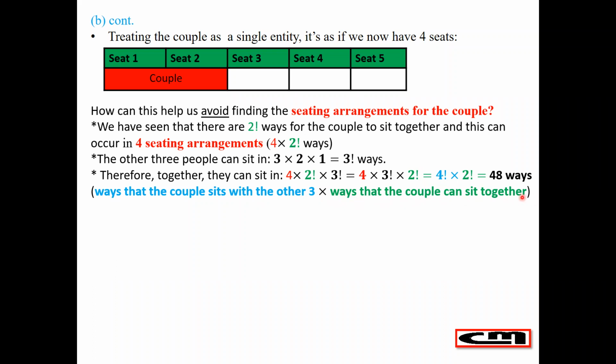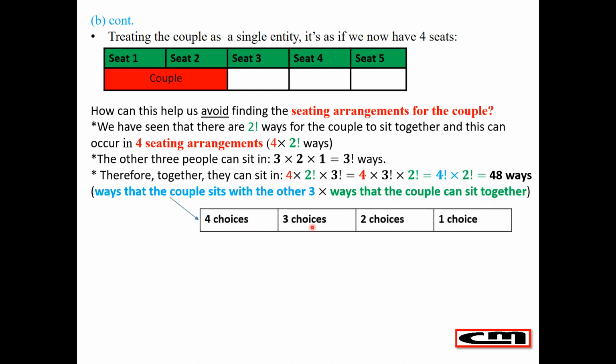This can be understood clearly now that I was asking the question, how can this help us avoid finding the seating arrangement for the couple? Because I had queued the 2 seats to 1. At the end, I'm having 4 seats, which is what I'd written there.